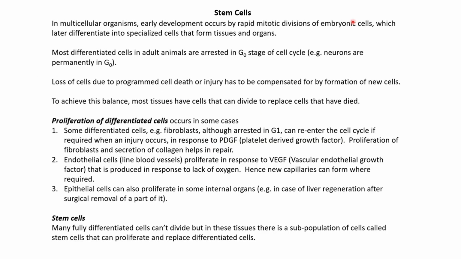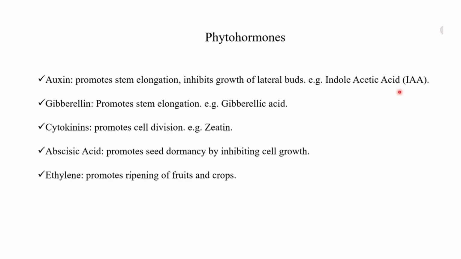Okay, so now we'll talk about the phytohormones. Let's take a small break for 4 or 5 minutes. After that we can discuss phytohormones and the stem cells, other stem cell processes. Then we'll discuss some questions.